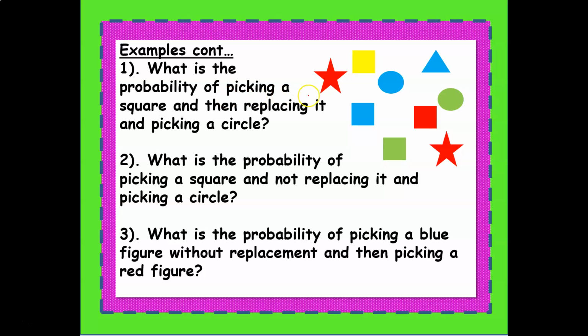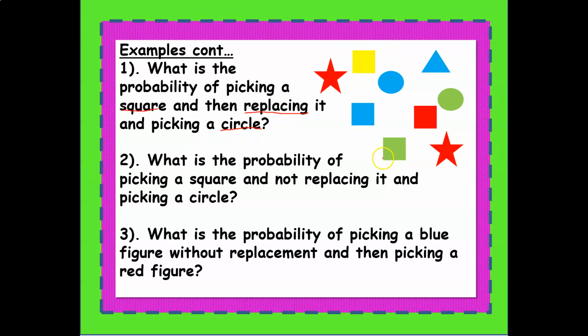So what is the probability of picking a square and then replacing it and picking a circle? So is this one going to be independent or dependent? It's going to be independent because you're replacing the shape. So then what is the probability of picking a square and then picking a circle?